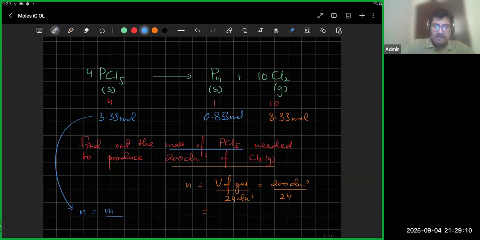And then add 31, that's 208.5. So it's going to be 3.33 times 208.5, and that's going to be my mass. वो calculate कर लेना खुद ही, ठीक है?